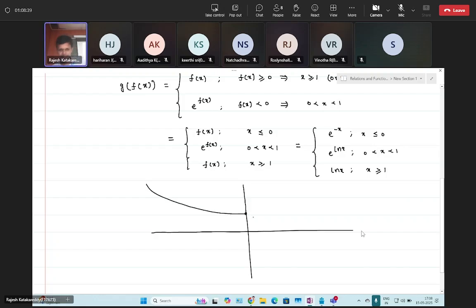Next, it is directly x, 0 not included, 1 also not included, the line y equals x. After this, it is log x, starting from 1 going till infinity, something like this.